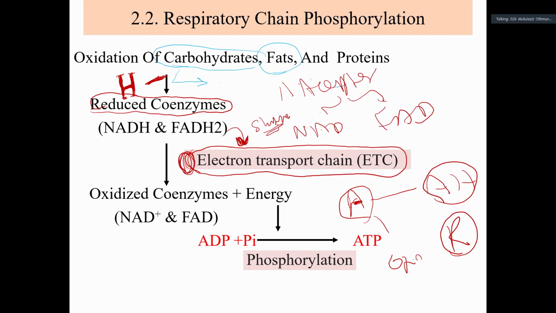Is this clear? Yes, clear. Once in the electron transport chain, what will happen? They will release this hydrogen. Once they release this hydrogen, NADH will convert into NAD and FADH will convert into FAD, or we say that now they become oxidized.